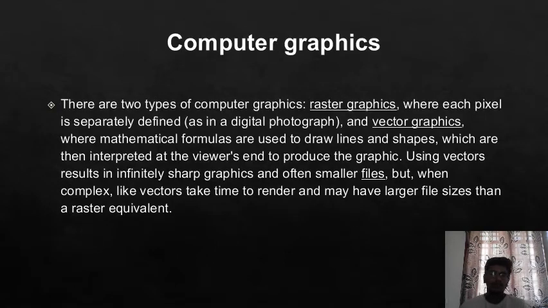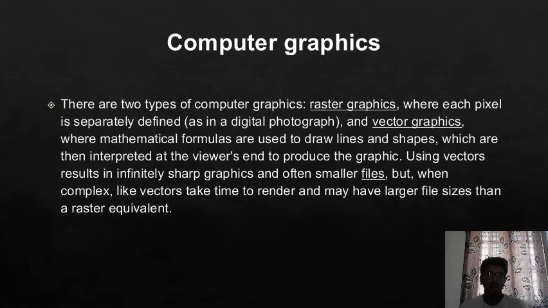So coming to computer graphics, there are two types of computer graphics. They are raster graphics, where each pixel is separately defined as in a digital photograph, and vector graphics, where mathematical formulas are used to draw lines and shapes, which are then interpreted at the viewer's end to produce the graphic.